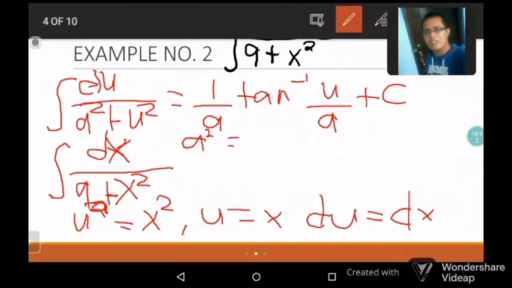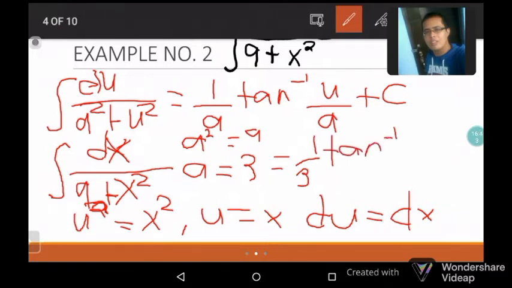So, 1/3 arctan u over 3. So, that's x over 3. Then plus c. Okay, so ang answer natin for our second problem is 1/3 arctangent of x over 3 plus c.